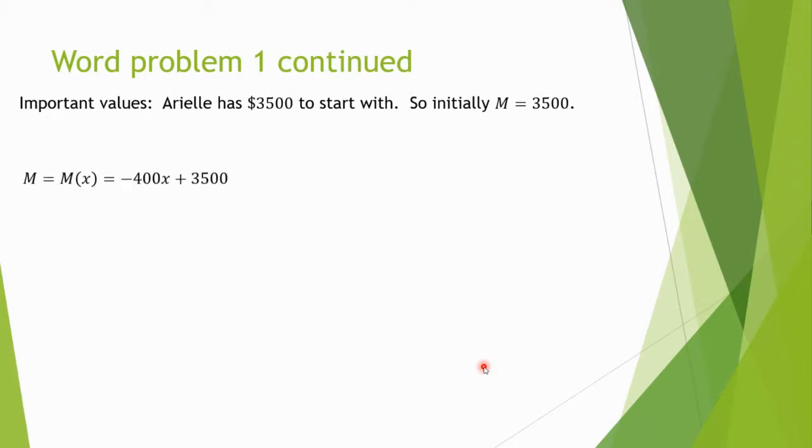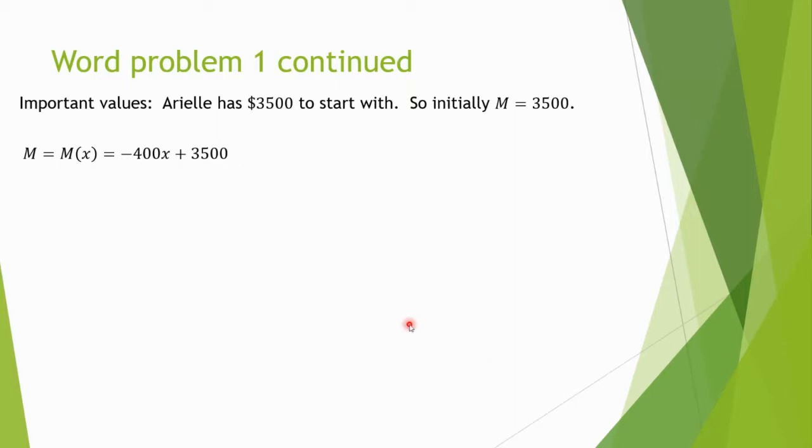She starts out with $3,500. That's her initial value. She's spending $400 a week, so the rate of change for M would be negative 400. That's why M is this equation.